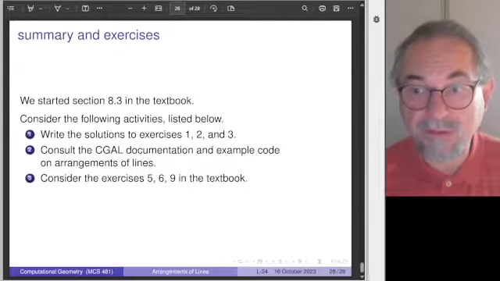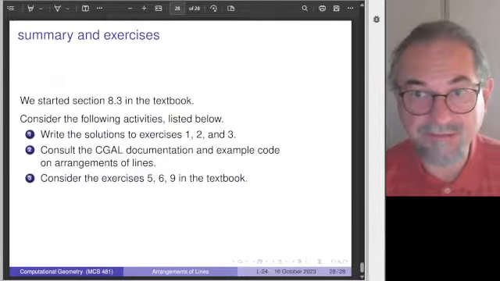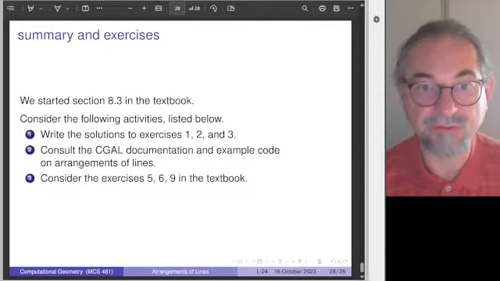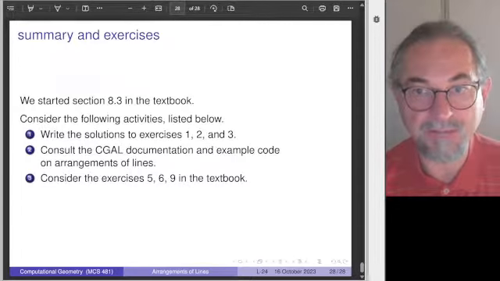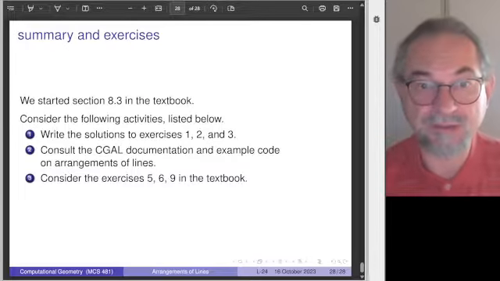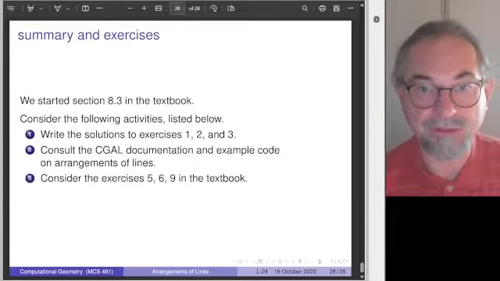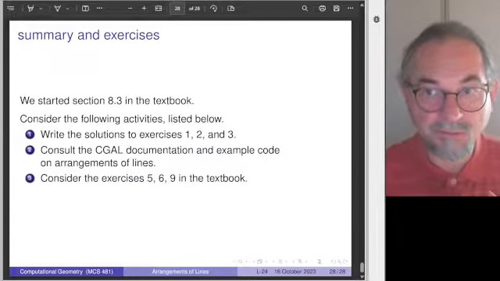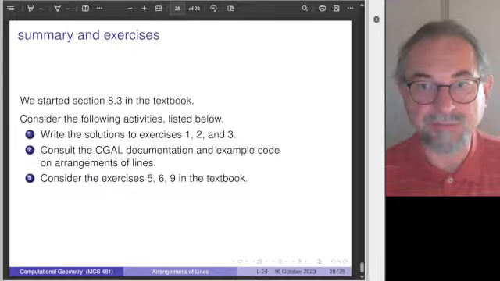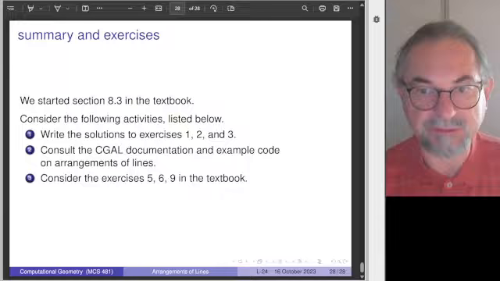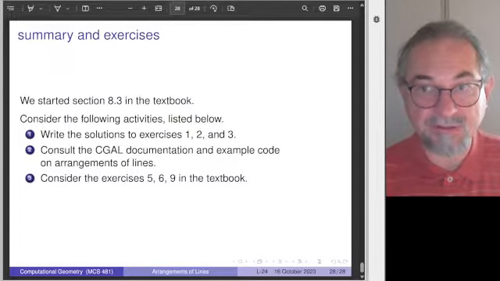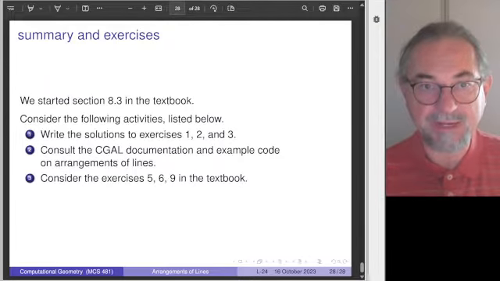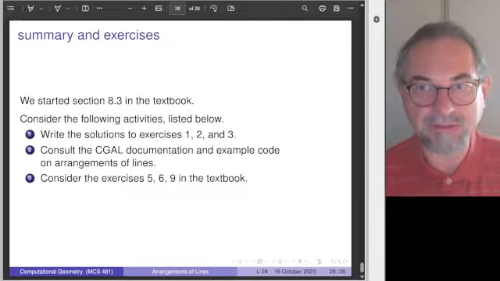Okay, so I hope that this lecture makes things a little bit easier to read the textbook. In any case, consider the exercises 1, 2, 3 on the slides. They are intended to give you pause a little bit and to reflect a little bit on the concepts that we considered. Okay, so this is the central lecture of chapter 8 on arrangements of lines in the textbook.